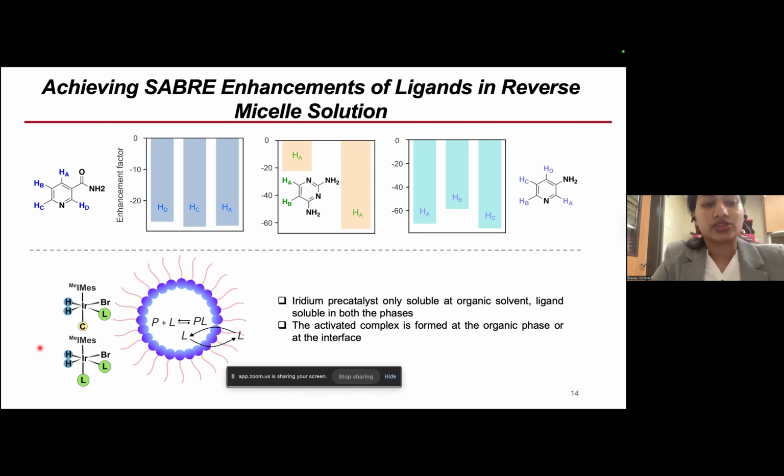Then the hyperpolarization is being transferred to the ligands directly, and the ligand, if it goes to the aqueous phase, can directly hyperpolarize the protein also. So we developed a method in which we can do the reactions in one pot and directly hyperpolarize the ligand in the reverse micelle solution.